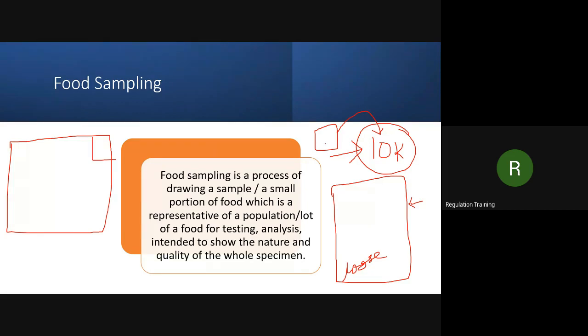So let's say whatever the result of this product, it will be assumed that this is the result of the entire lot or entire food products. So that is the sample. So that's what it says: representative of the population, lot of food for testing and analysis, right? So that is the sample.